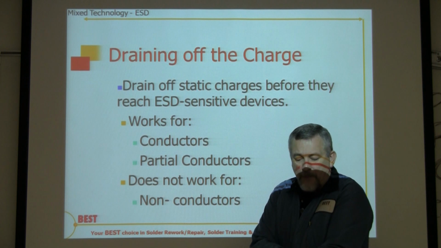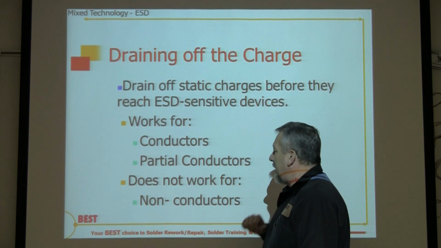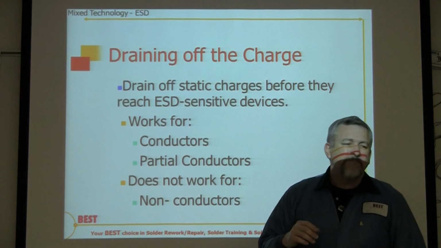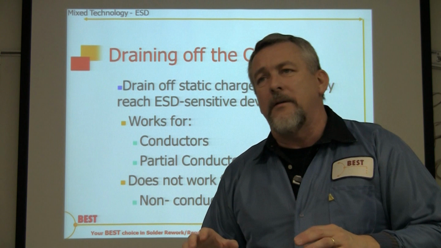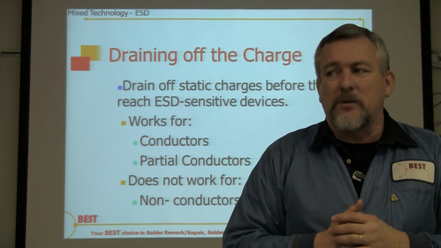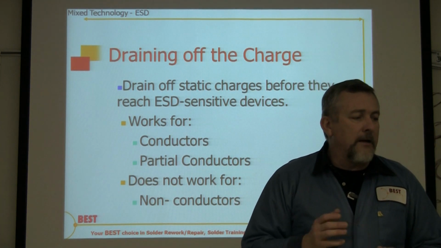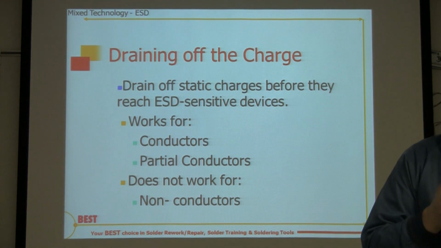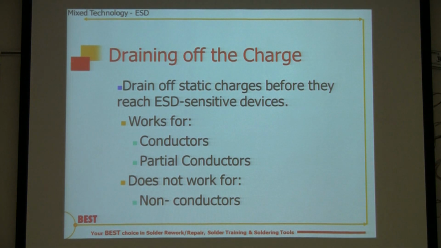If I put a wrist strap on, like I'm wearing right now, that's part of my smock. Okay, yes, it works out. Non-conductors, air ionizers work well with them, but if I just ground it, it could actually store the charge for a little bit of time, especially on our styrofoam cups and stuff like that. It's held in check.